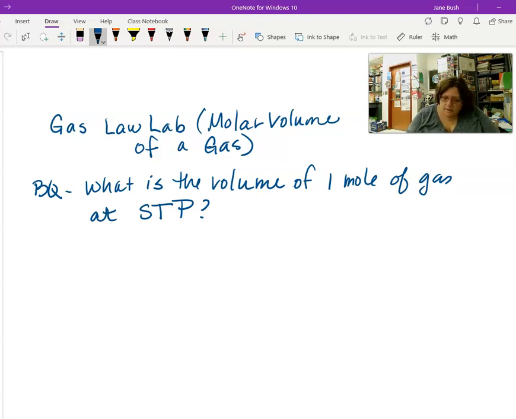For the pre-lab, we need to simply write the equation for magnesium metal, solid magnesium metal, plus hydrochloric acid. That's not hydrochloric. That would be hydrochloric.